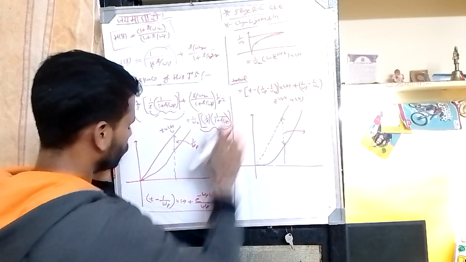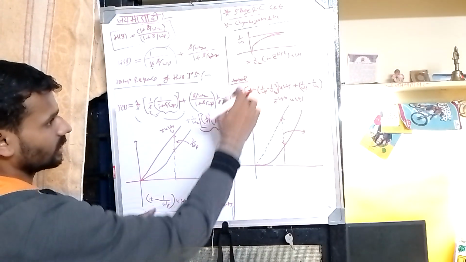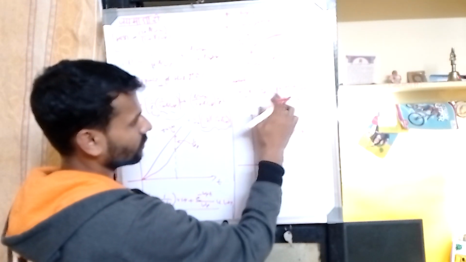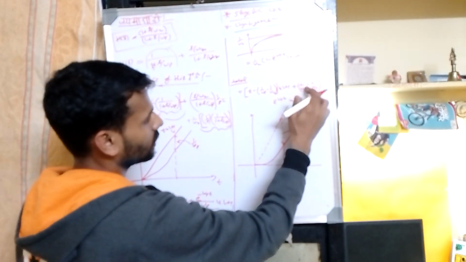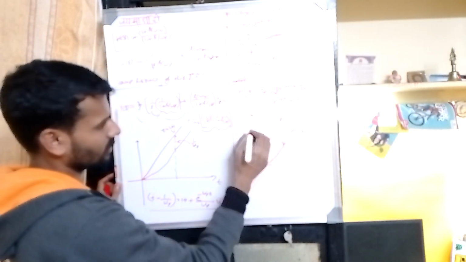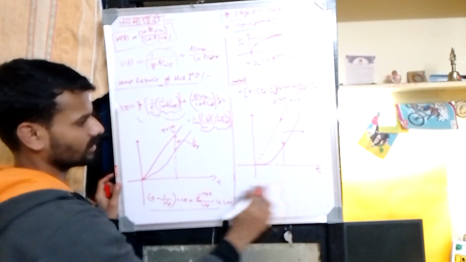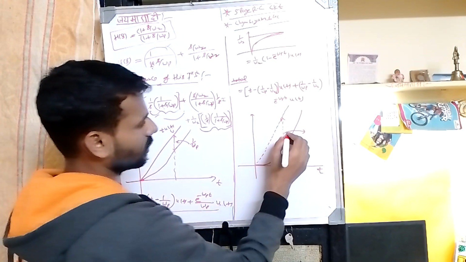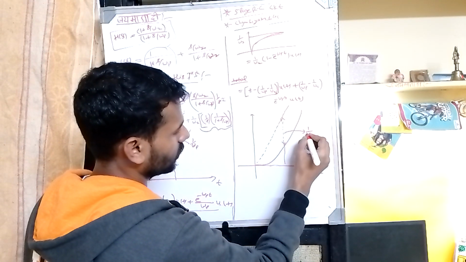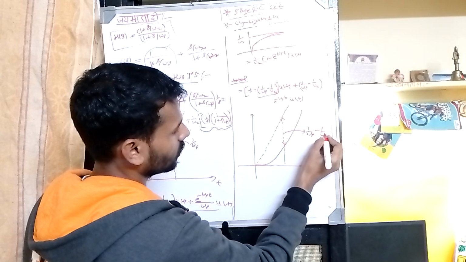So after addition you will get this term t minus 1 by omega p minus 1 by omega z into u(t) plus this, and if you plot, you will get this plot. What is the difference? It is 1 by omega p minus 1 by omega z. How?